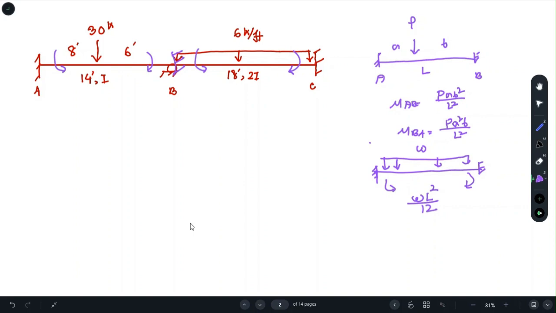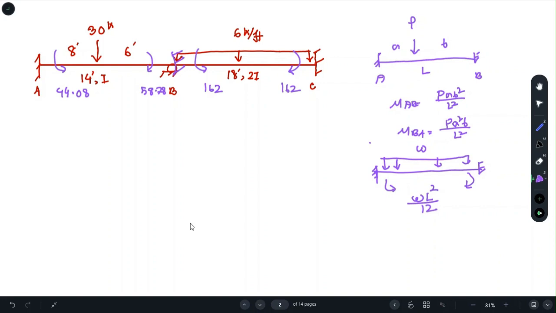So if we put the values here, here, and here, we will get the moments I have already calculated: 44.08, 58.78, and 162 and 162.